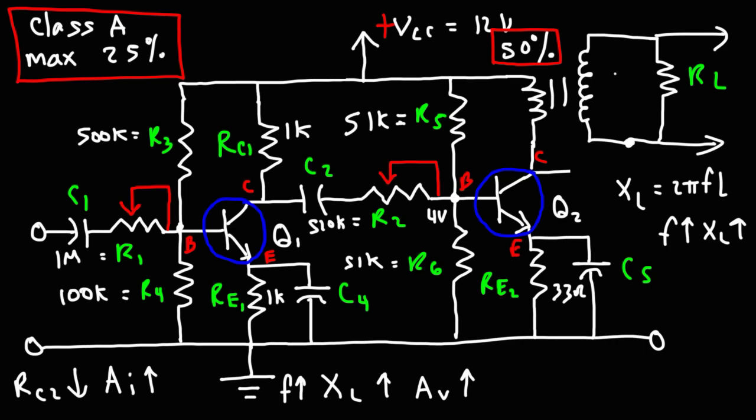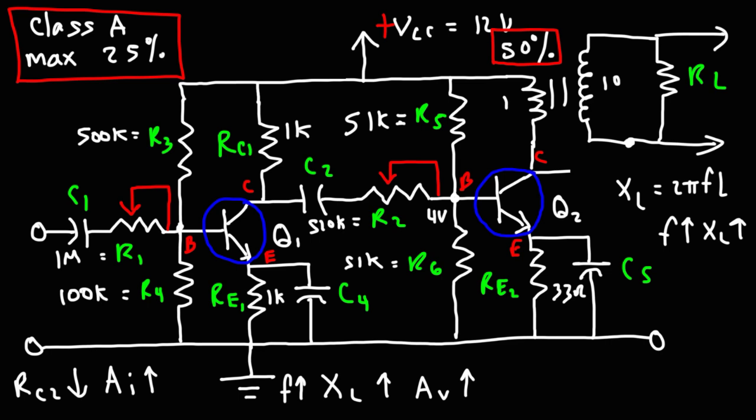And also, if you use a step-up transformer, let's say if the ratio is 1 to 10, you can increase the output voltage big time. With a ratio of 1 to 10 in terms of the number of turns in the coils of the primary and the secondary part of the transformer, the voltage will increase by a factor of 10, but the current will be reduced by a factor of 10. So that's one of the advantages of adding a transformer to the collector of Q2. You could generate very high voltages at the output of that transformer. And also, the amplifier is more efficient.